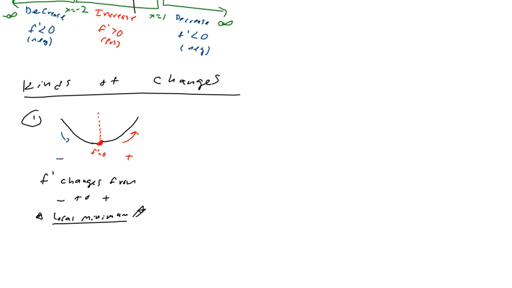So if f prime changes in that way, you know you get a bottom there. That's a minimum. If you plug f in for the critical value, you'll get some number. But the derivative test tells you if it's a minimum or maximum, which direction you're going. So that's one.